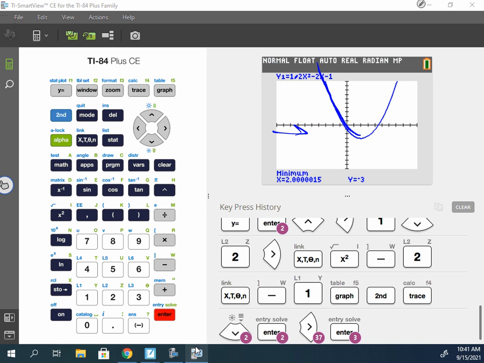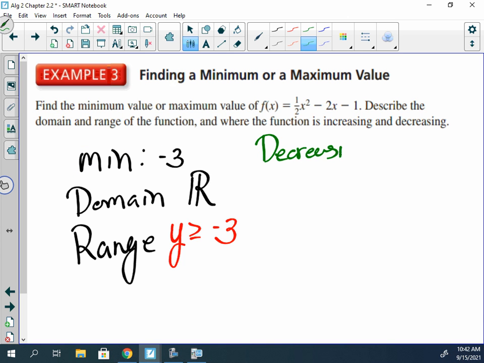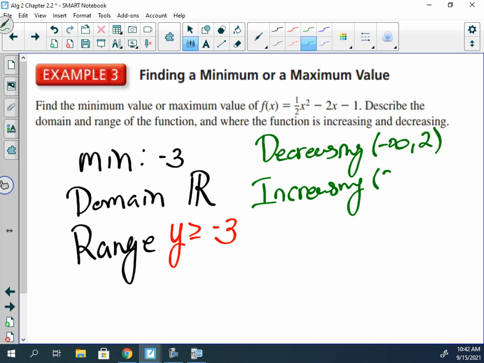So this here is decreasing from -infinity to, where is this spot where it stops? Well, the x value is at 2. So really this function is decreasing from -infinity to 2, at which point it becomes increasing from 2 to infinity.